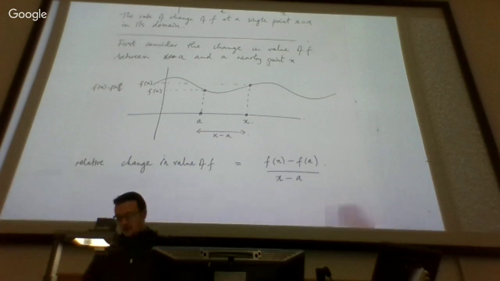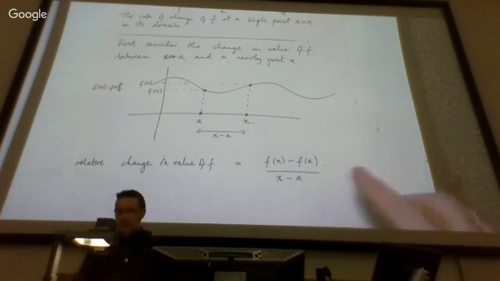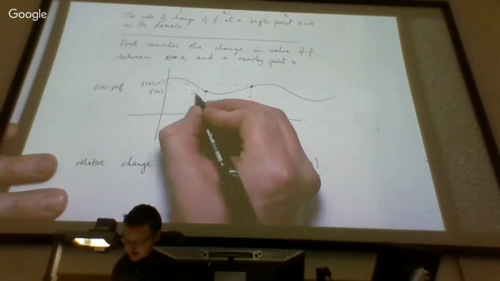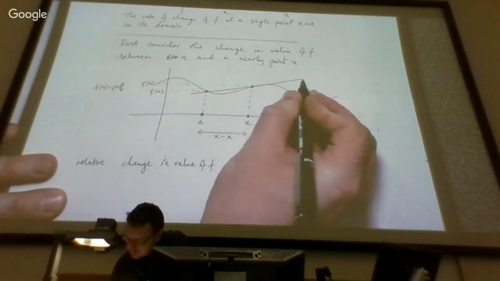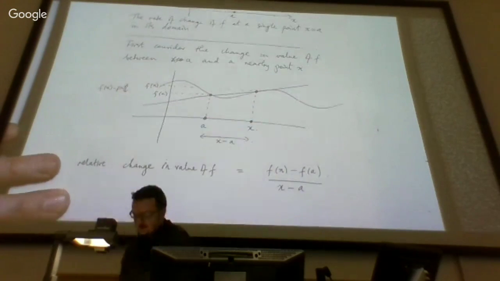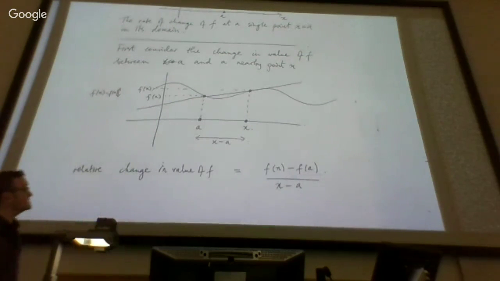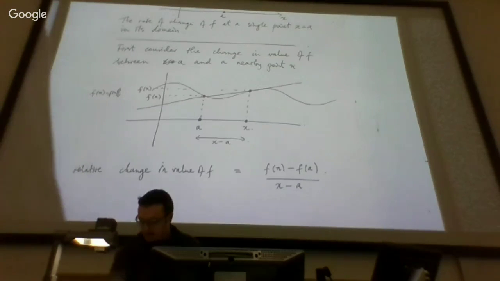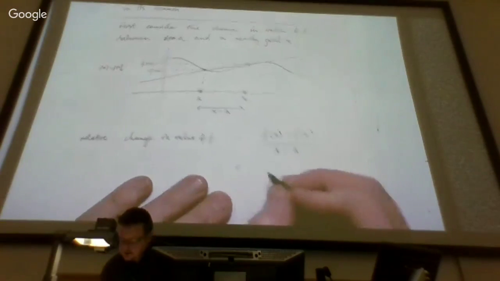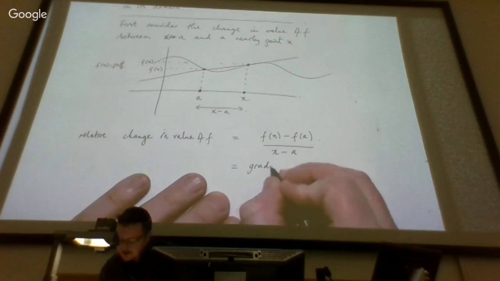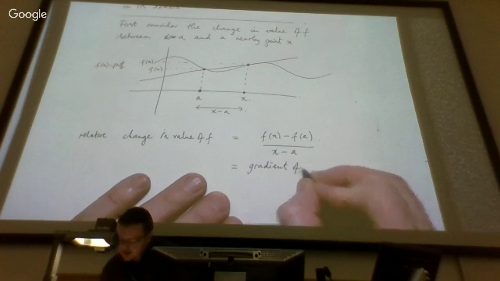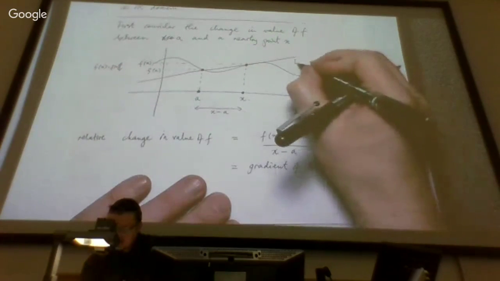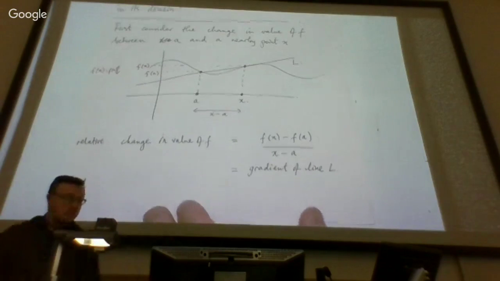And there's a nice geometric interpretation that we can give to this relative change in value. The relative change in value will actually be the slope of this line, sometimes called a chord of the graph, defined at these 2 points a and x. And this relative change in value also is the gradient or slope of this line L, which I've drawn on the graph.